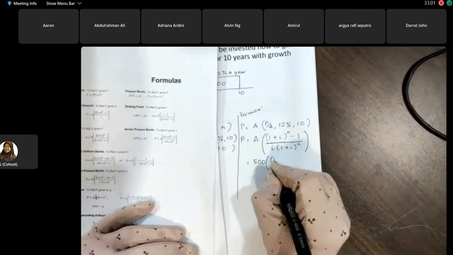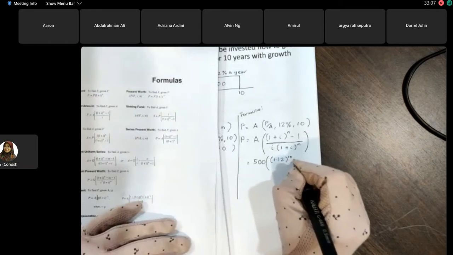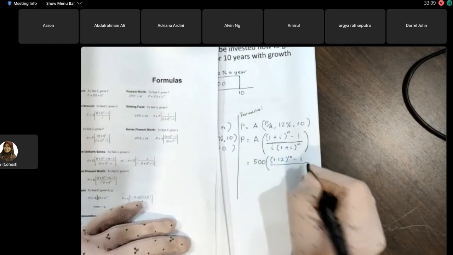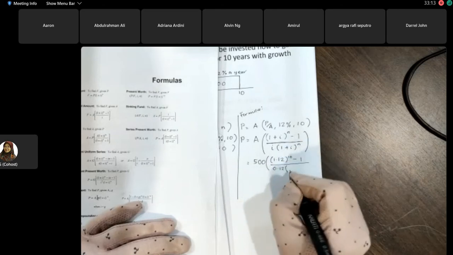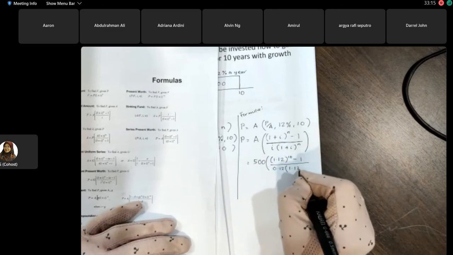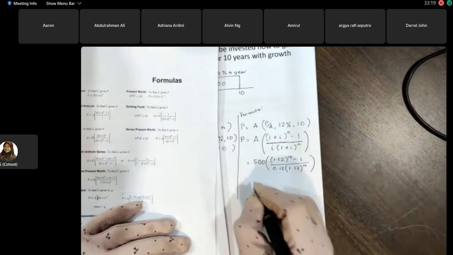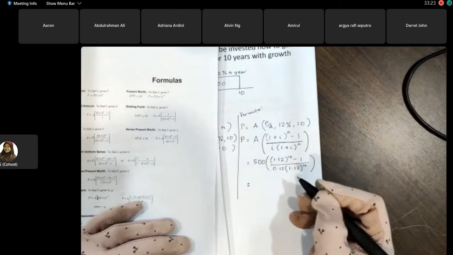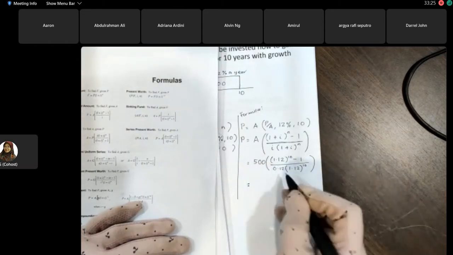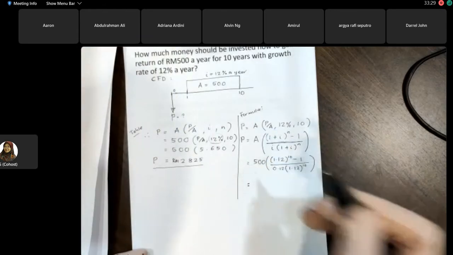Okay, 1.12 to the power of n is 10 minus 1, so i is 0.12, 1.1 to the power of... Sometimes they want you to prove the value by using the formula.